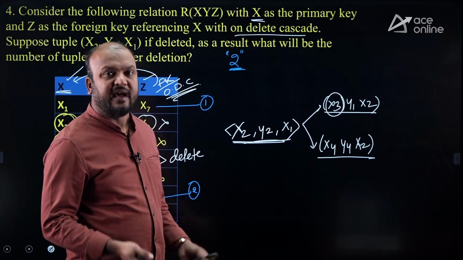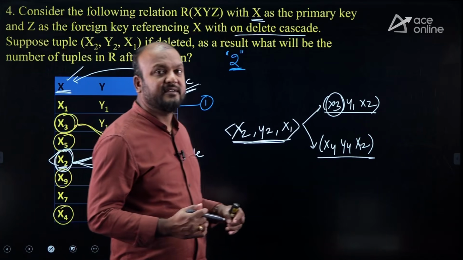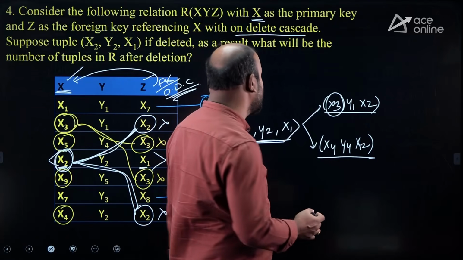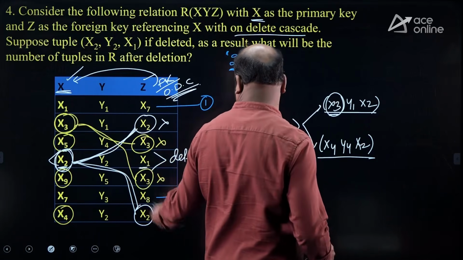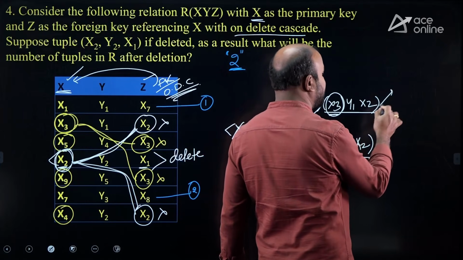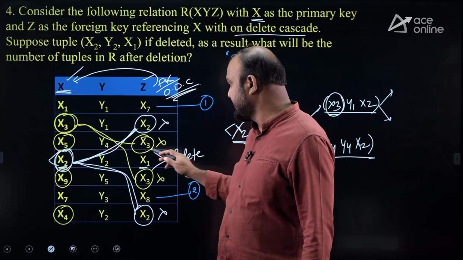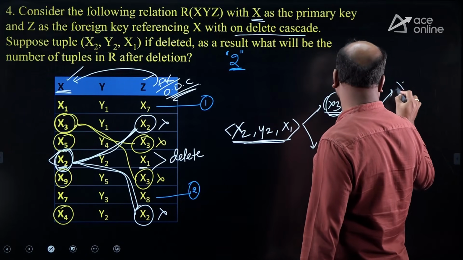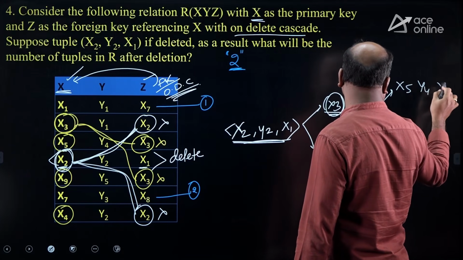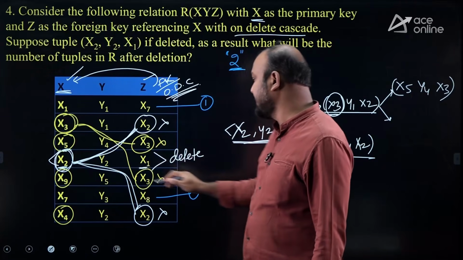It means again it is treated as a parent. Now, if it is deleted as a parent, its child is to be deleted. So this x3 is in how many tuples? In the z column, that x3 is in the tuples x5, y4, x3. I am just writing x5, y4, x3 and x9, y5, x3.